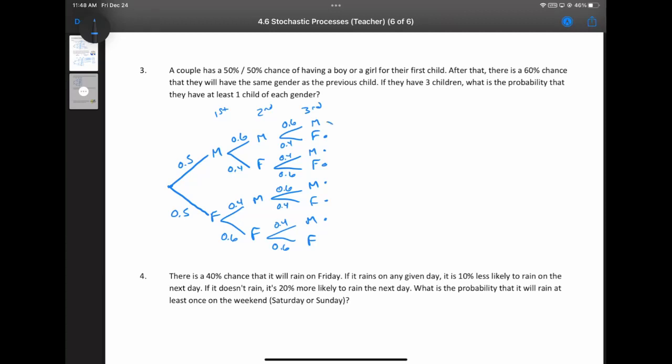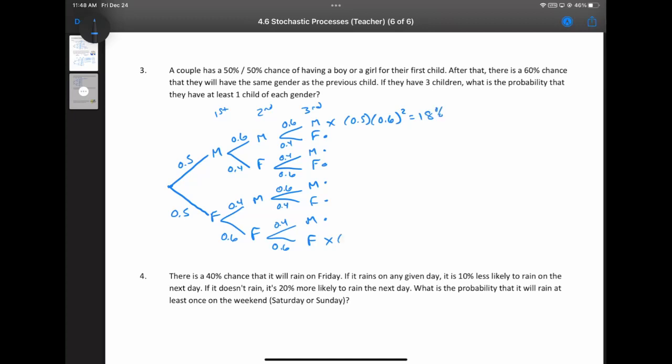So I'm going to point out that those 2 are not the scenarios we want. I just calculate them, especially because they're actually kind of nice. The first one is 0.5 times 0.6 times 0.6, or 0.5 times 0.6 squared, if you want to shorten it a little bit. And that's going to be 18%.